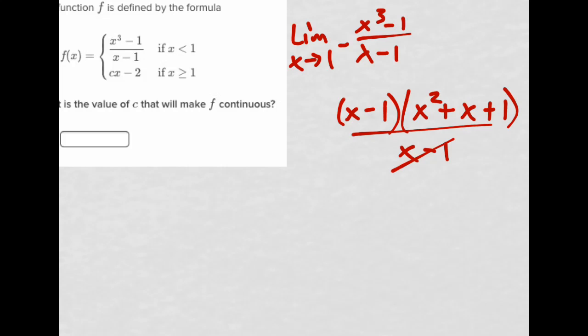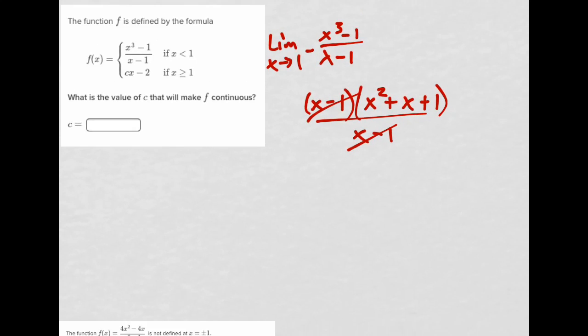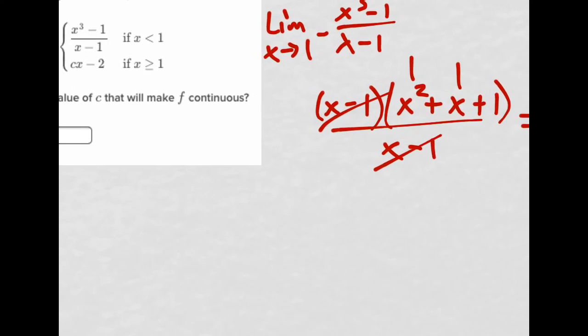If you plug in 1 right now, you get 0 over 0. That's why I'm factoring. Remember, you go to try for the indeterminate form, and then we'll go to here. And now we'd plug in 1. That would be 1 plus 1 is 2, plus 1 is 3. Okay, so the left-sided limit is 3.